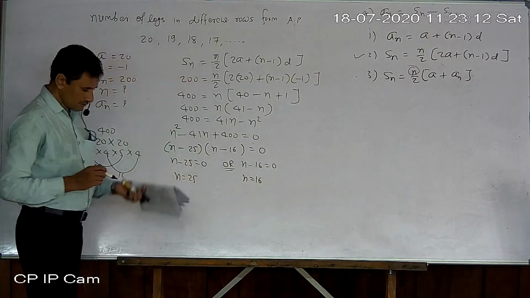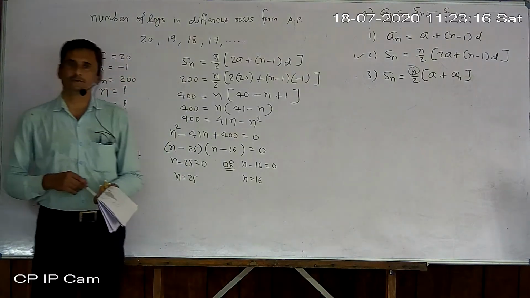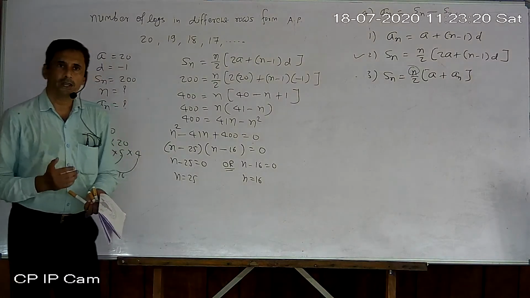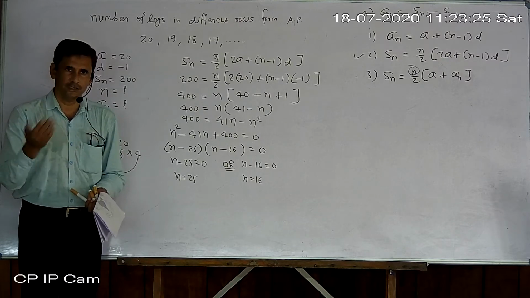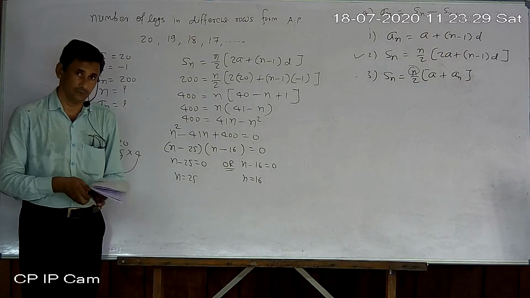Now, in many earlier lectures I taught you that n should be a positive integer. If you have one positive integer and the other a fraction or negative number, then you have to take that positive number.